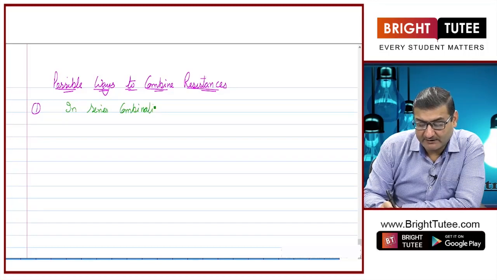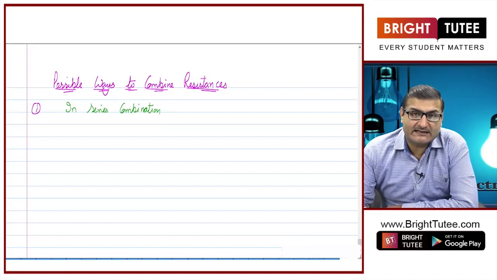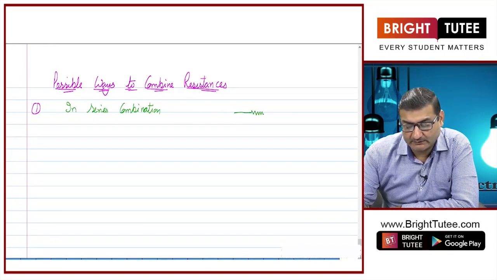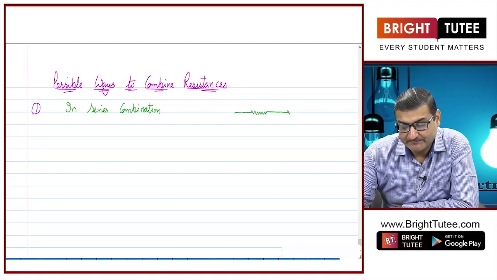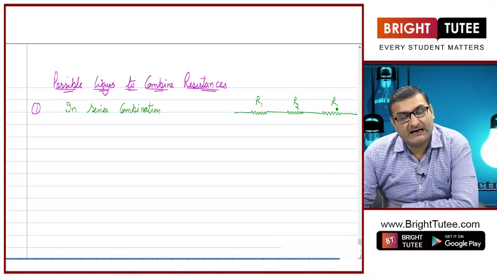If I am given 1, 2, 3, 4, 5 resistances, I am connecting them in the circuit in series, right. Let us take 2 or 3 resistances. This was the first resistance combined with the second resistance combined with the third resistance, R1, R2 and R3.